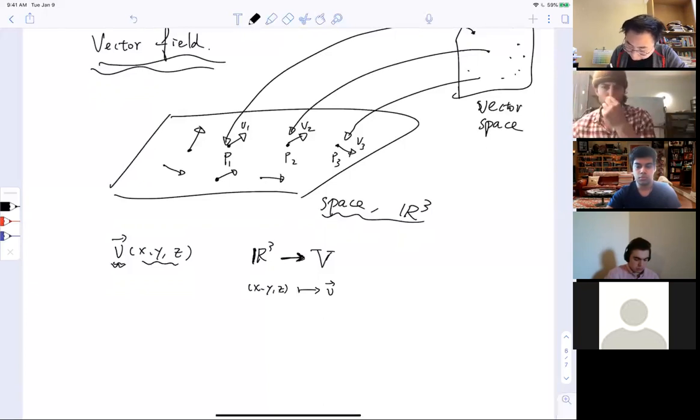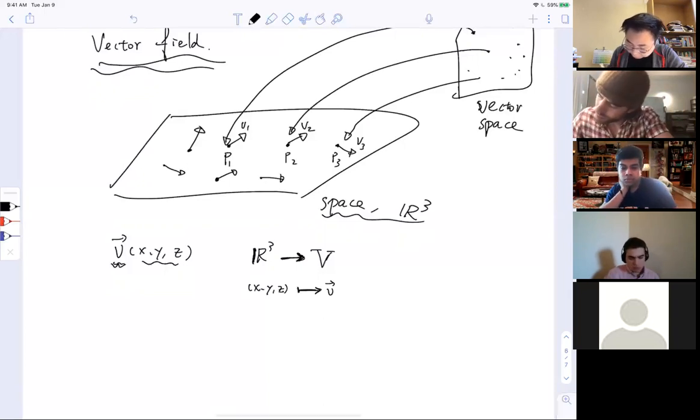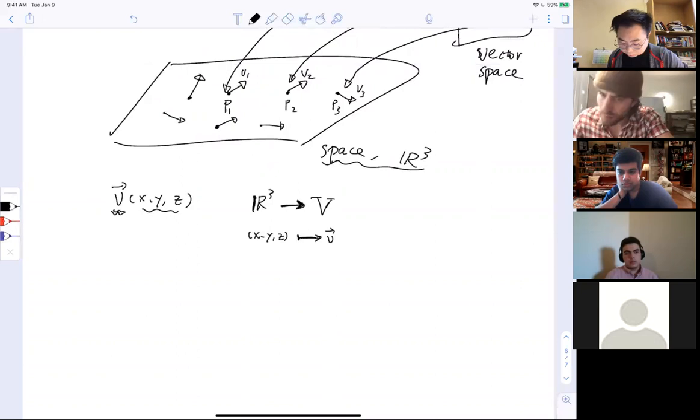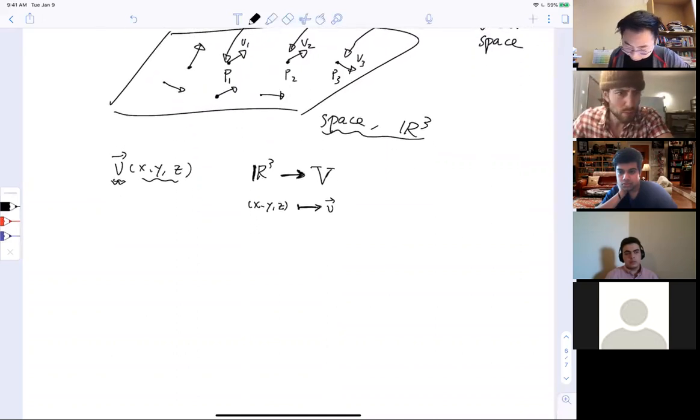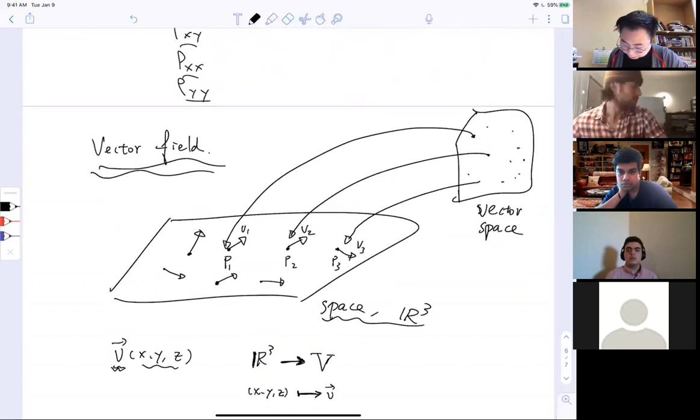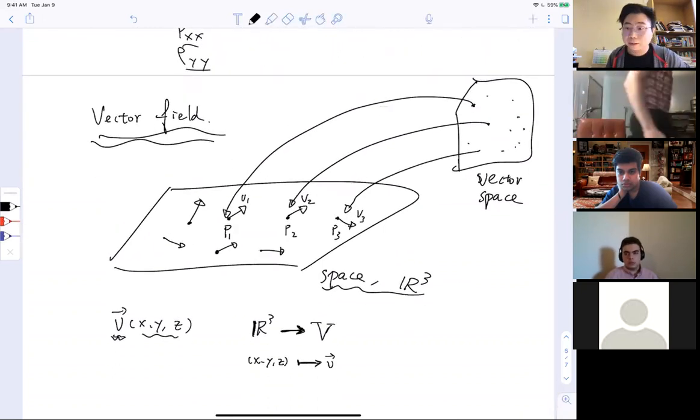And between elements and elements, we use this kind of arrow. This is just mathematical notation. If you open a math book, you will see this kind of notation. So is it clear what a vector field is?